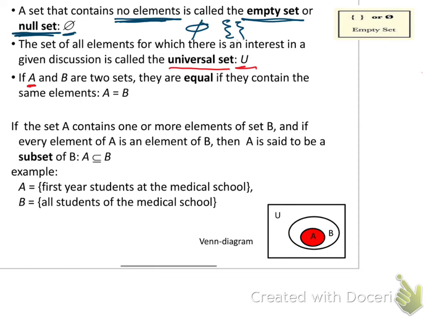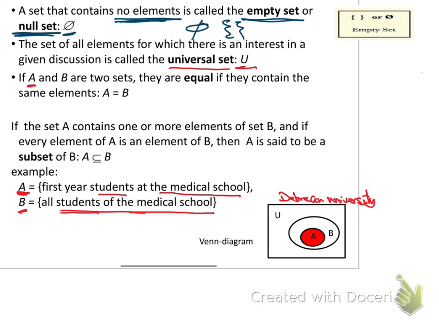So if my universal set is Debrecen University, and I have set A, and by definition, I did not list all the elements, I just give a definition: the first year students at medical school. Set B is all the students at medical school, including first year, second year, third year, fourth year, fifth year, sixth year.